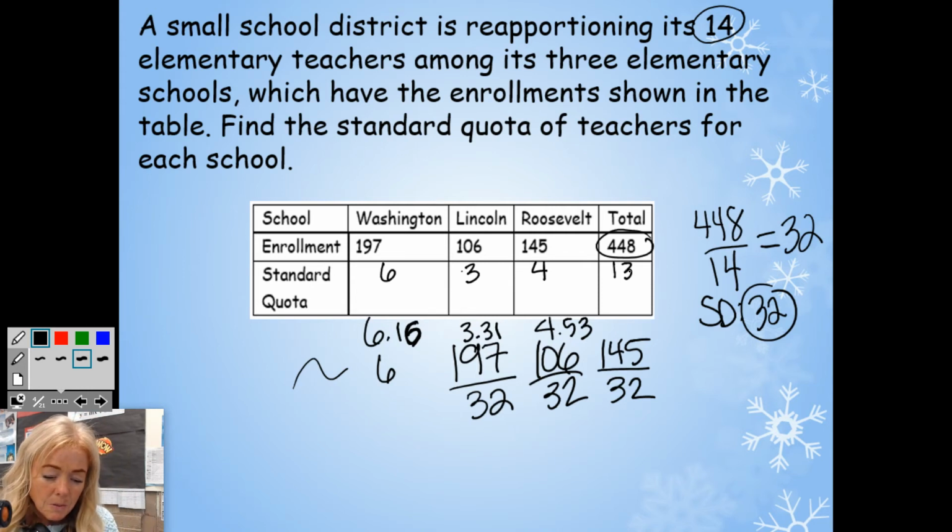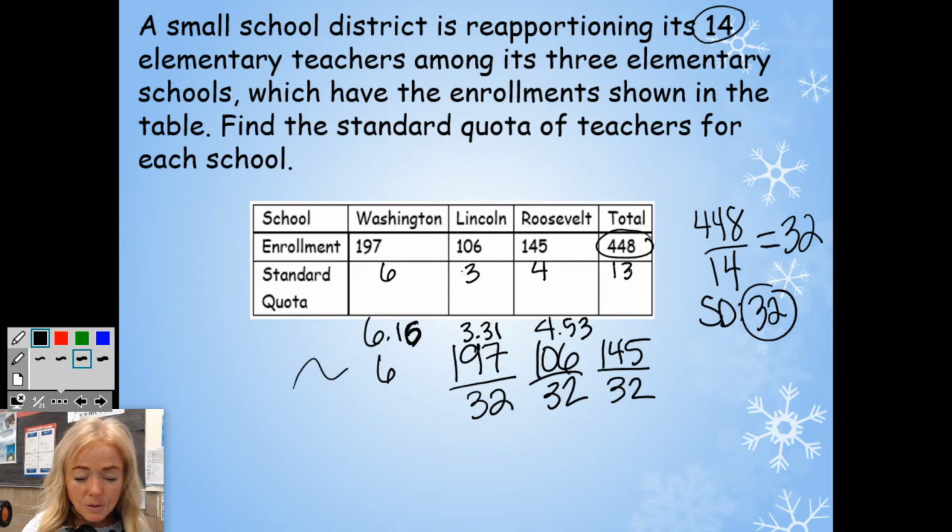So even though our schools don't have that 32 students equally, like Washington doesn't have a multiple of 32, and Lincoln doesn't have a multiple of 32, and Roosevelt doesn't have a multiple of 32, so everything works out nicely. Generally in life, things don't work out so nicely, and we have 1 extra teacher, which we have to account for, can give to a school.